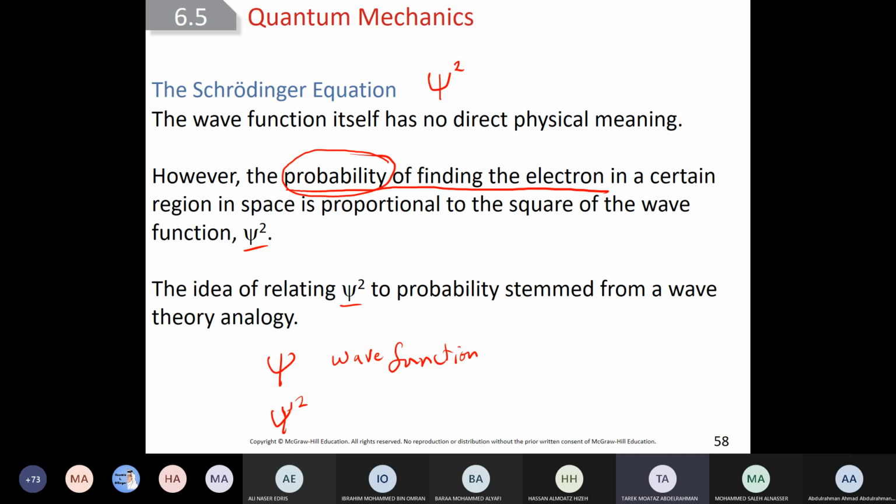Psi squared. What does it calculate? The probability of finding the electron. Very important two terms you must memorize.